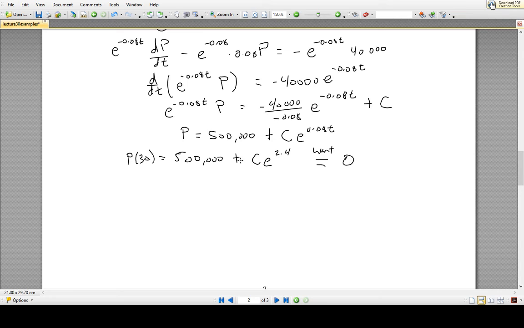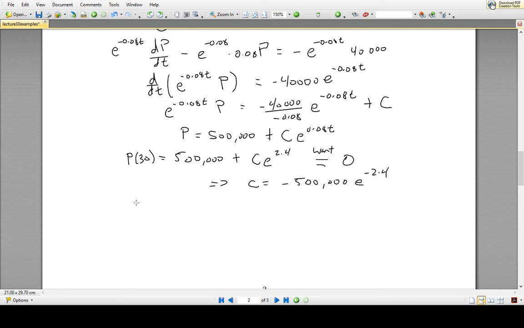Solving for C, you bring the 500,000 to the other side, divide both sides by e to the 2.4, and you get C equal to negative 500,000 e to the negative 2.4.